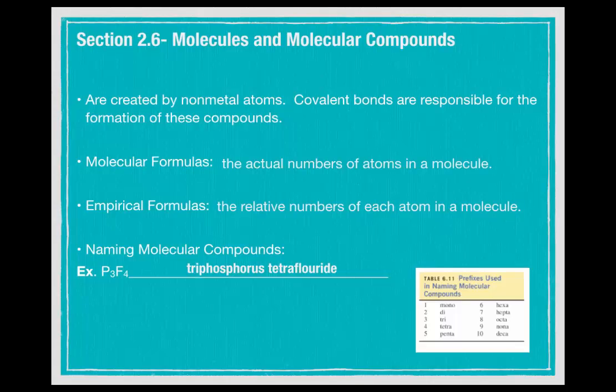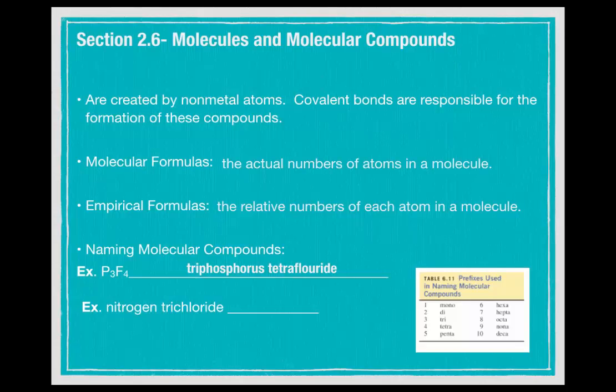Now, let's talk about actually writing the formula based on the name. If I give you nitrogen trichloride, notice one thing that is actually a rule when naming molecular compounds. Notice for nitrogen, there is not a prefix. The prefix for mono is 1. So when you are writing the name of a molecular compound, if your first atom has only one of them, you never start off with mono.